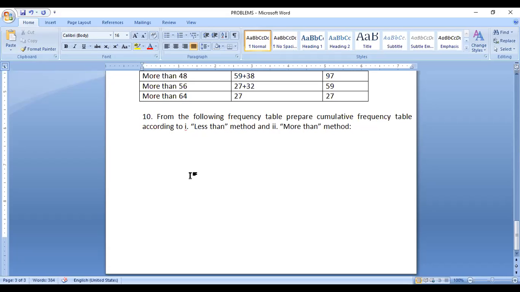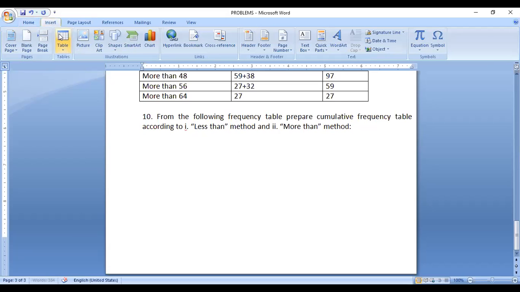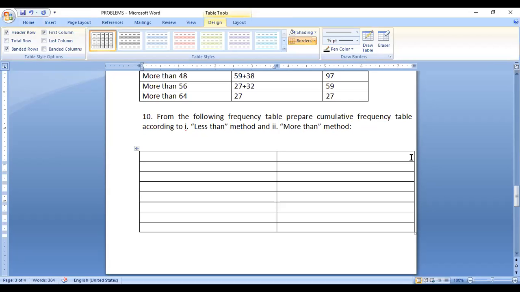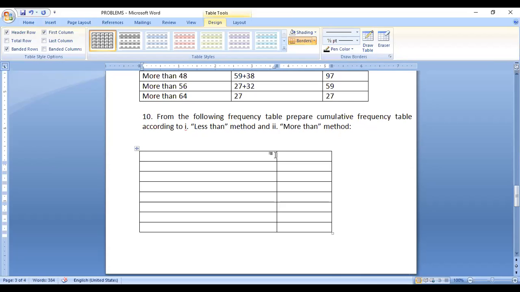Problem. Marks, number of students. 2 columns are given.